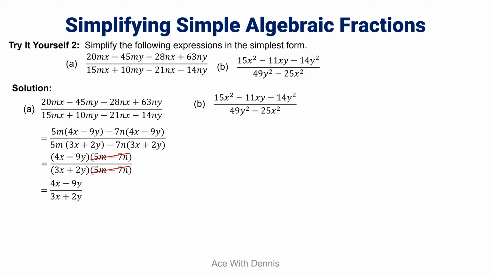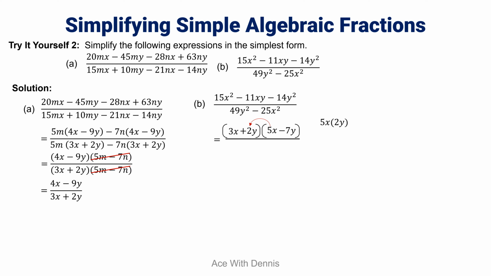For b, we can factorize these quadratic expressions one by one. For the numerator, I will apply the double bracket method again. I'll write down the double brackets first, then 3x times 5x equals 15x squared, positive 2y times negative 7y equals negative 14y squared.